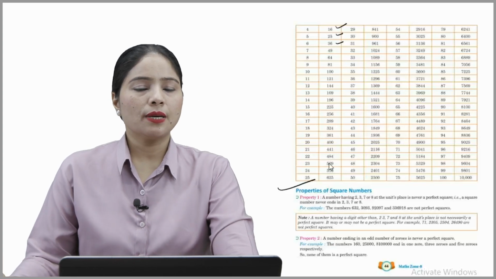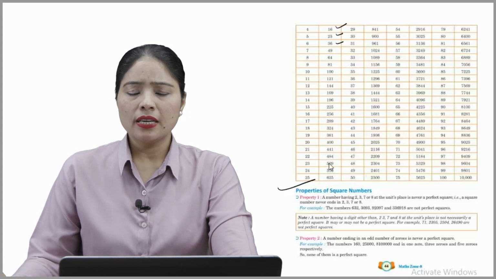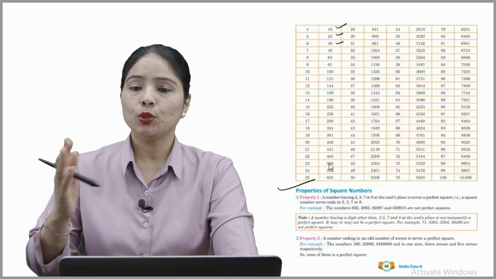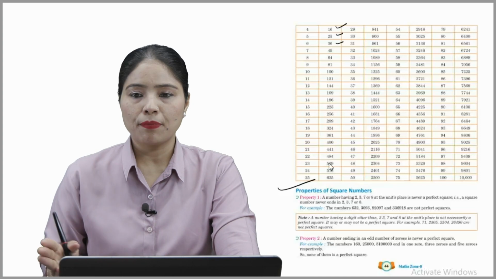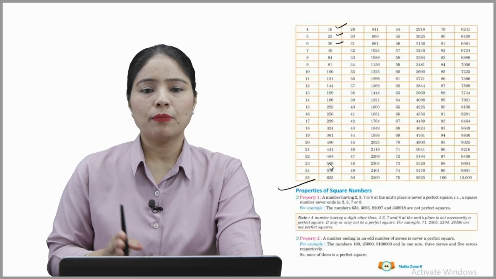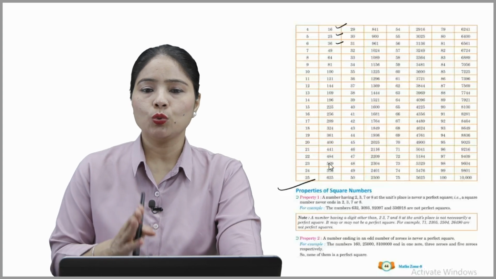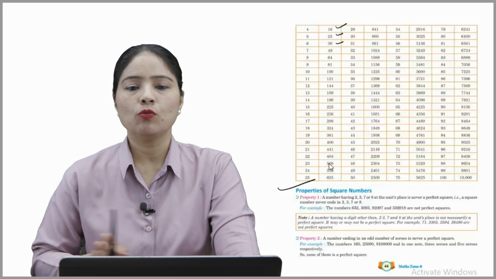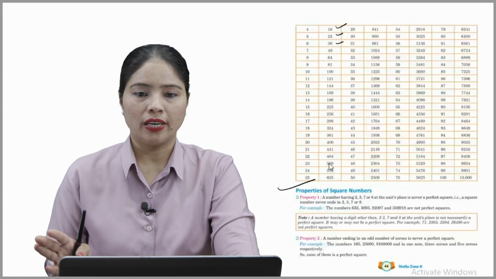So property number 1, a number having 2, 3, 7 or 8 at the unit place is never a perfect square. Okay, that means a square number never ends in 2, 3, 7 or 8. जो हमारे स्क्वायर नंबर्स होते हैं ना, वो कभी भी इन पे एंड नहीं होते हैं.